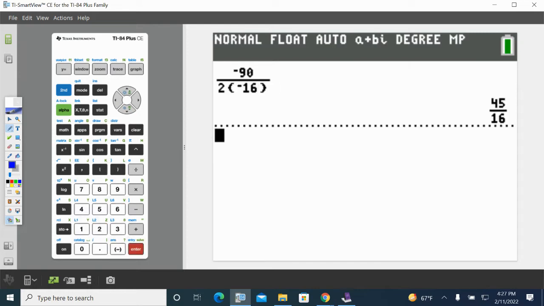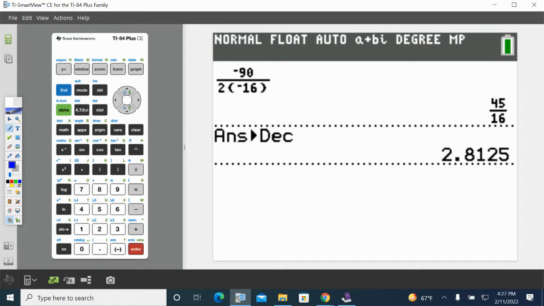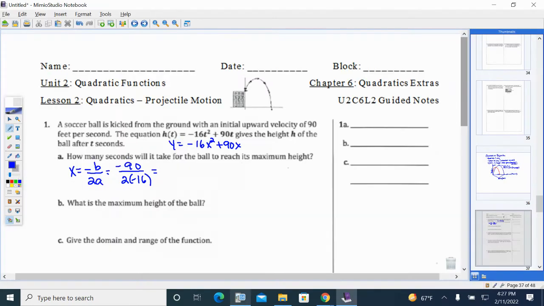Now this is going to give me a fraction. I want this in decimal form. So I'm going to hit math, and change this to a decimal, number 2, enter. So about 2.8125 seconds. Remember x or t is our time.